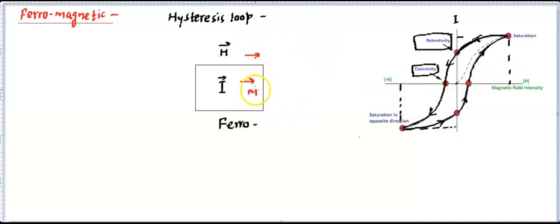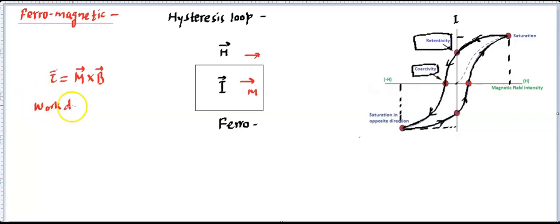So due to change of this magnetic dipole moment direction, we know this experiences a torque. That means somebody must have applied torque on these magnetic dipole moments in order to change their orientations. And if some torque is being applied and rotation is taking place, there has to be some work done.